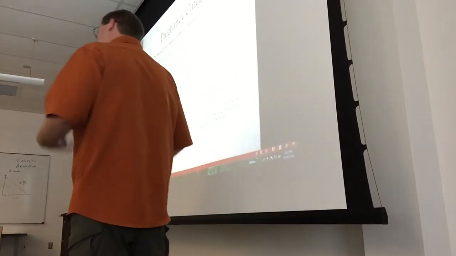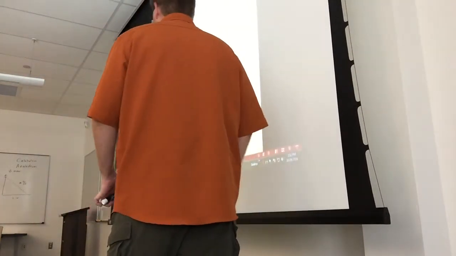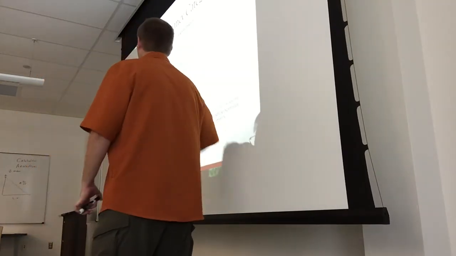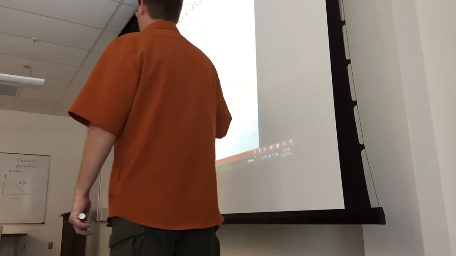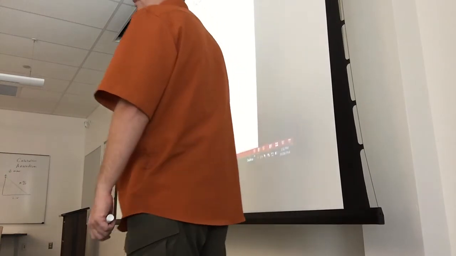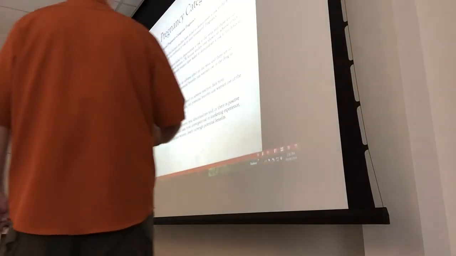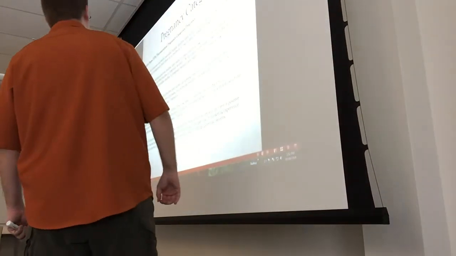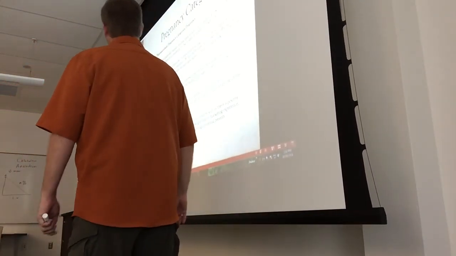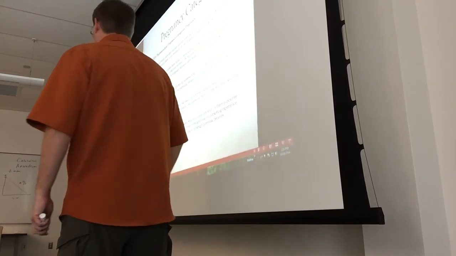C is where we start having some issues. If something falls into category C, animal studies show adverse effects. Okay, so there have been some teratogenic effects in animal studies, but we are uncertain when it comes to human studies.